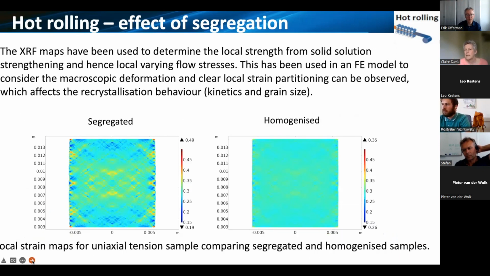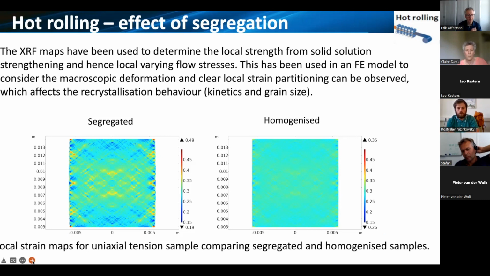In order to understand this, so we can then be predictive about it, what we've done is taken the XRF compositional map and used that to determine the local flow stress of the material, just by using the equations for solid solution strengthening. And then taken the local flow stress behavior and put that into an FE model to consider the macroscopic deformation.